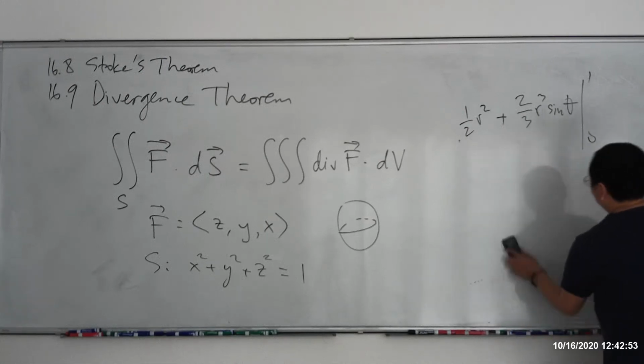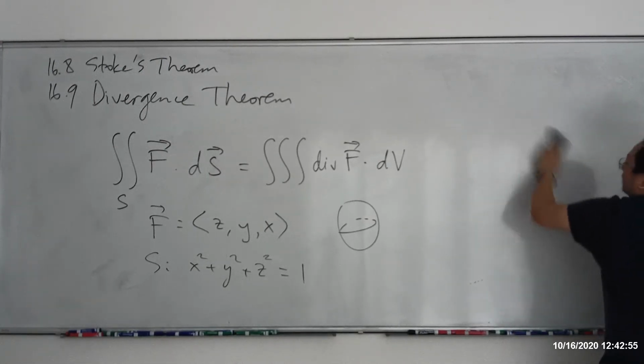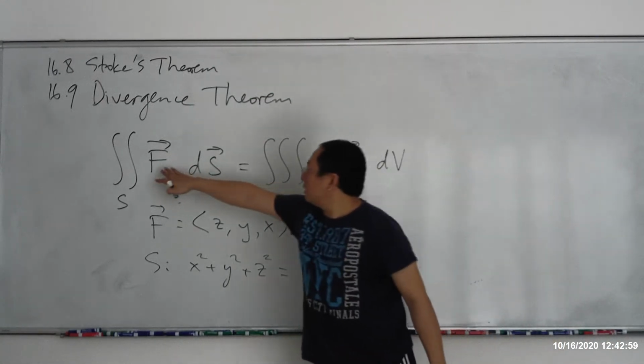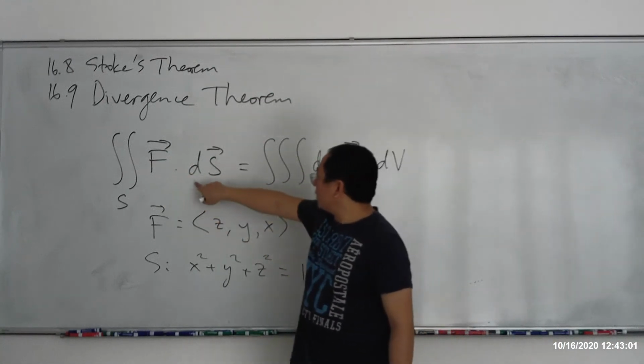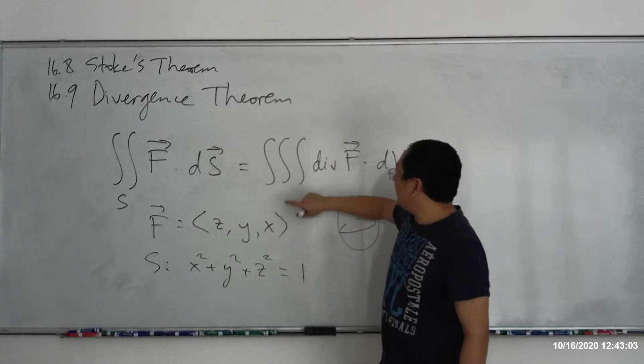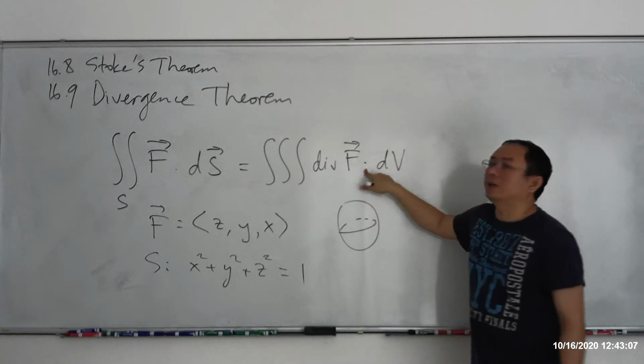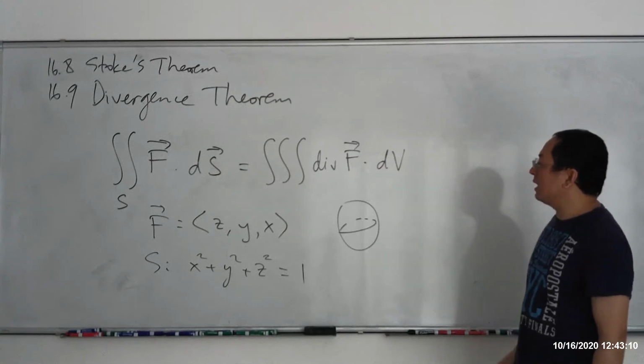So if it's closed, I can use the divergence theorem. The double integral on the surface is going to be equal to the triple integral of the divergence of that vector field over the volume inside that surface.